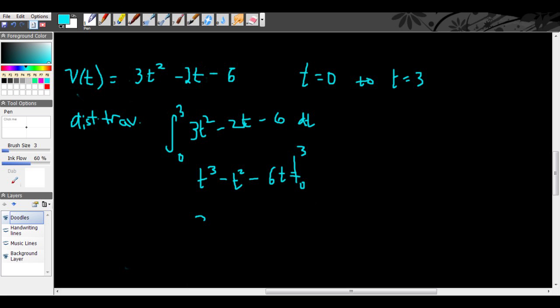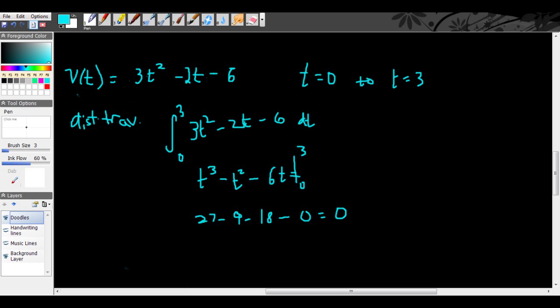So 3 cubed is 27, minus 3 squared is 9, minus 6 times 3, which is 18, and then minus 0 cubed minus 0 squared minus 6 times 0, which is 0. So 27 minus 9 is 18, and 18 minus 18 is a big fat 0.